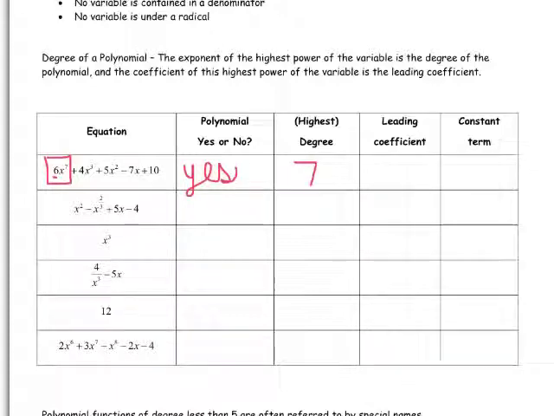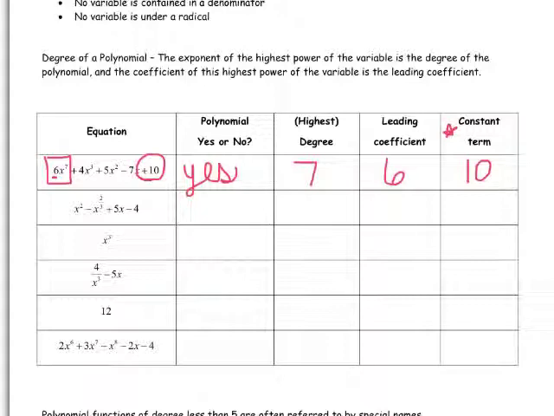And then 6, the number that is the coefficient of that high degree, is called the leading coefficient. It's like this guy is the most important part of the polynomial. We're also going to use the constant term a lot, so that is the number that's all by itself, so that's 10. Positive 10, just write 10. All right, the next one.